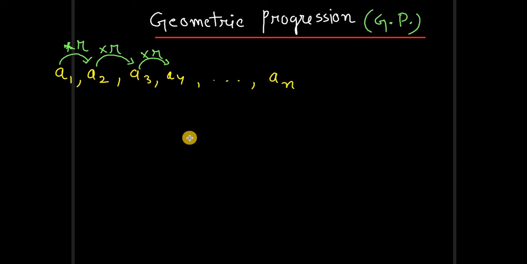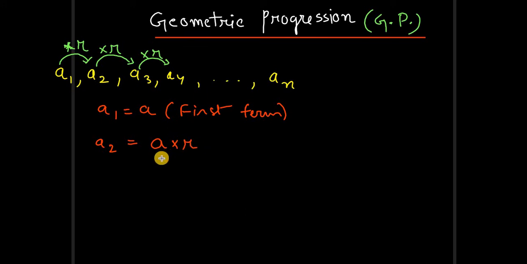So what we can say right here is that a1 is the first term, so let's say it is a, just as in AP. We do nothing to the first term. Now a2 is a1 multiplied by r, so that will be a into r.